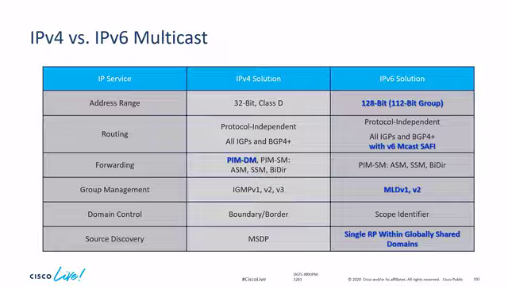In IPv6, we're using 128-bit addresses, of which we can use 112 bits for the group. From a routing perspective, the main add-on is that, of course, we can use the version 6 multicast address family.